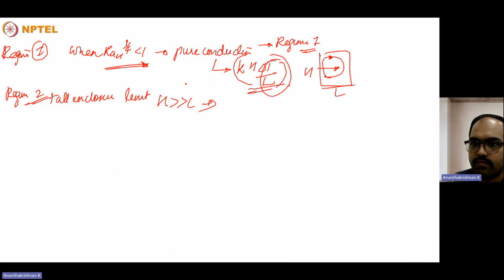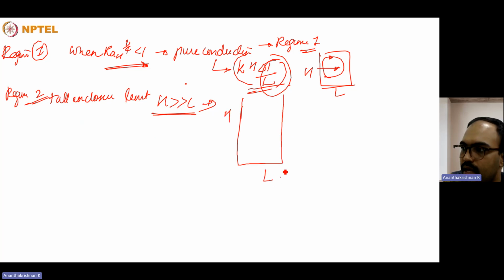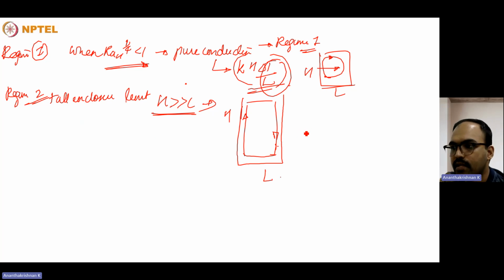So in this case, H is very much greater than L. What we could denote is that this is a tall enclosure. This will be the H, and this is L. In that case, there will be a circulation like this. For most of the enclosure height, the temperature varies linearly between the two side walls.